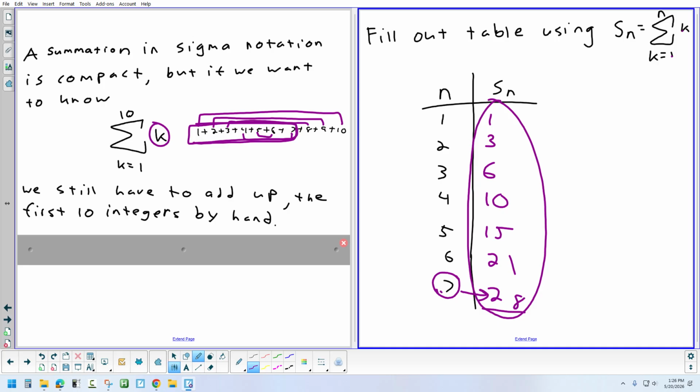Well, first of all, is this arithmetic? 1, 3, 6, 10, 15, 21, 28. Is it arithmetic? Really? Yeah, how come? It's the base number plus the... That's not the definition of arithmetic.